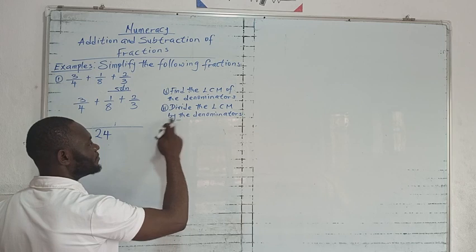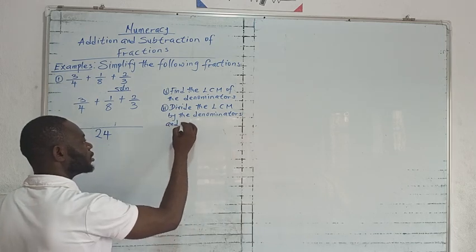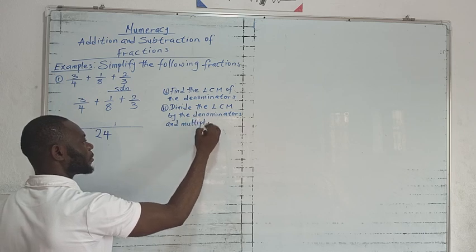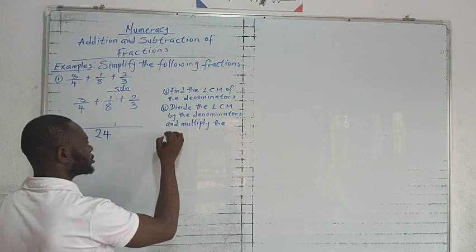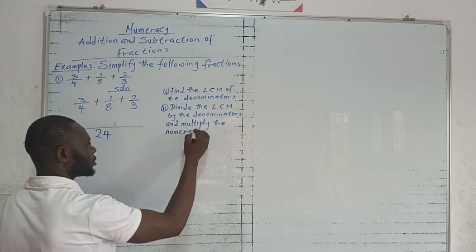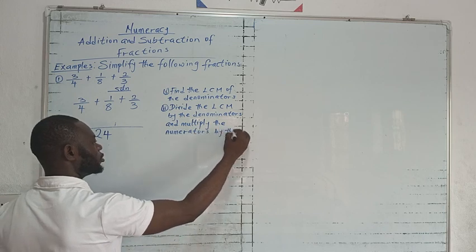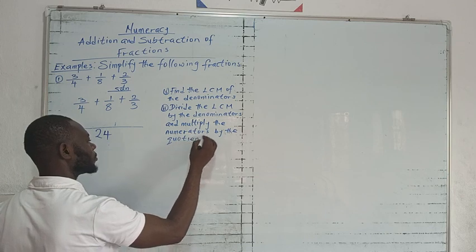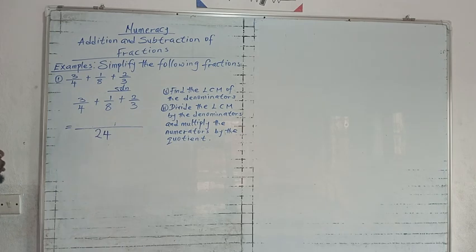Divide the LCM by the denominators and multiply the numerators by the quotient. Sorry about that. It's an omission.